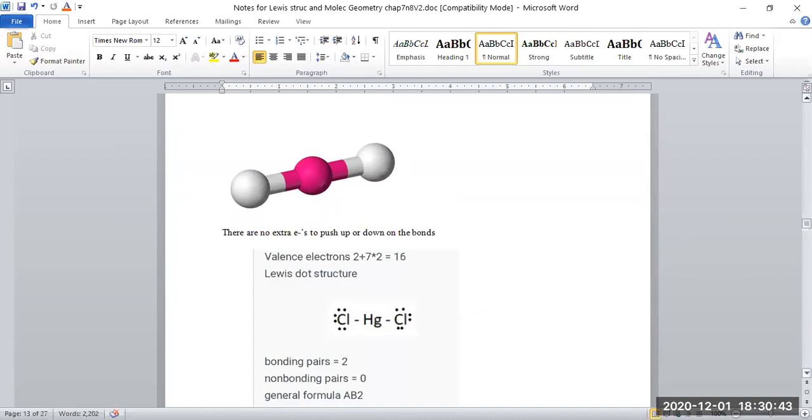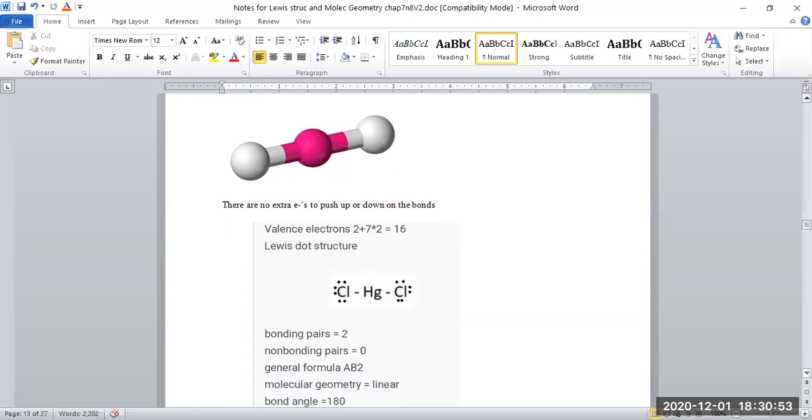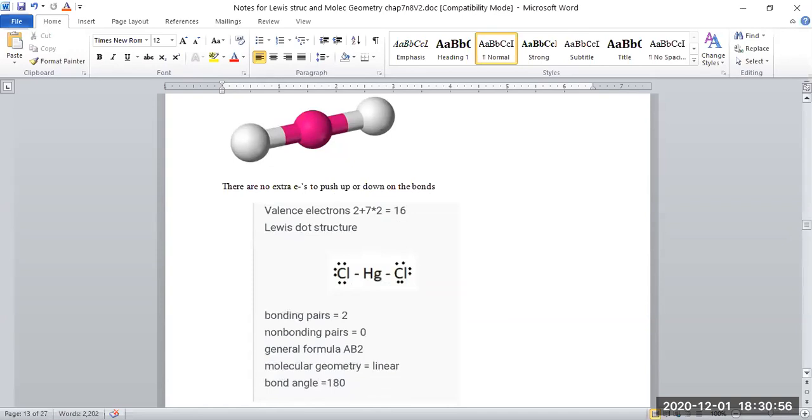Mercury usually only wants 2 bonds if it's in the +2 version, because remember, mercury is a transition metal, so sometimes it's +1 and sometimes it's +2. But in this case, we're dealing with the +2 version. Draw each of the little pairs of dots around your chlorine. You have 1 line for each side of the mercury atom. That's 16 electrons. So I have 2 bonding pairs, no non-bonding pairs. And we are specifically talking about the mercury.